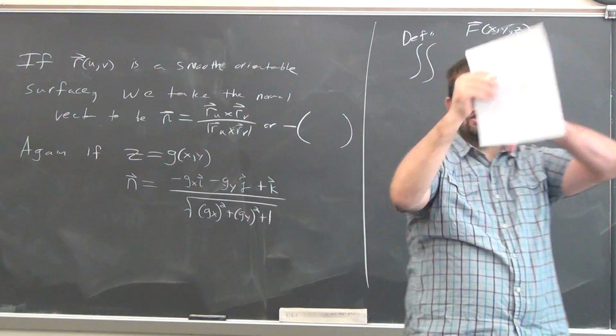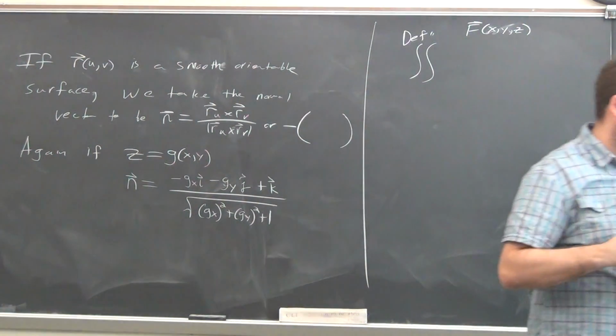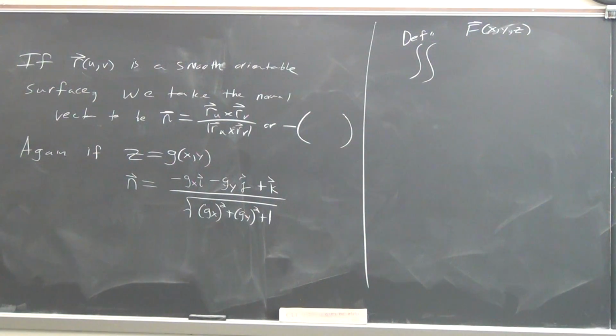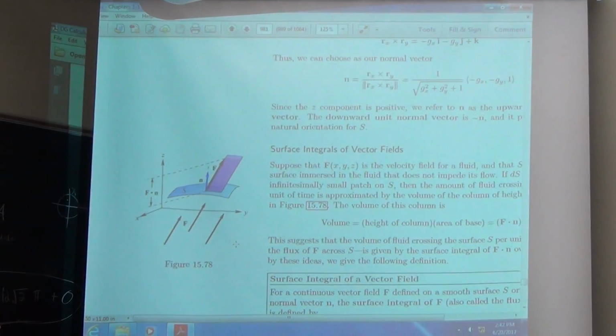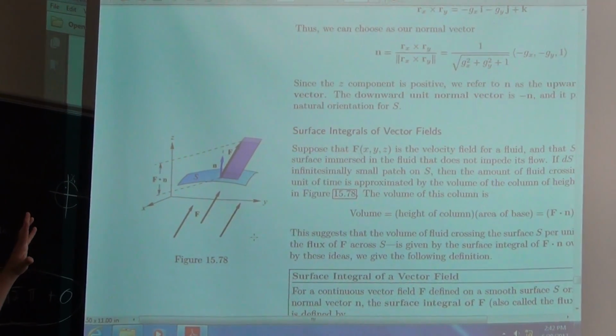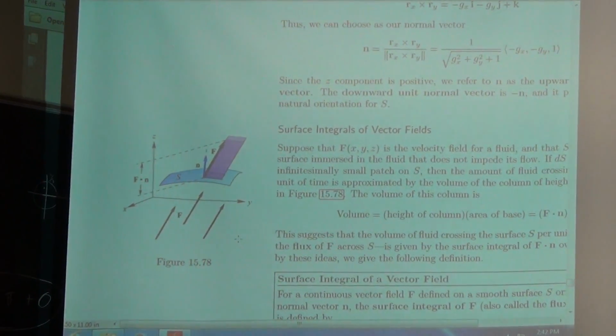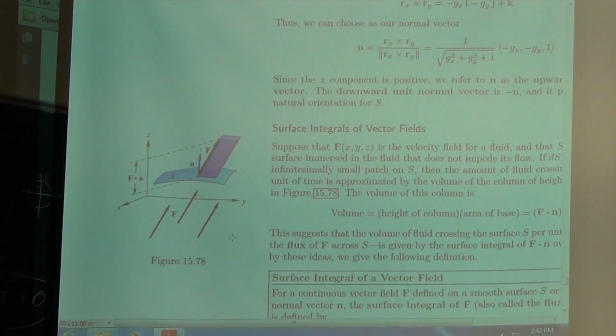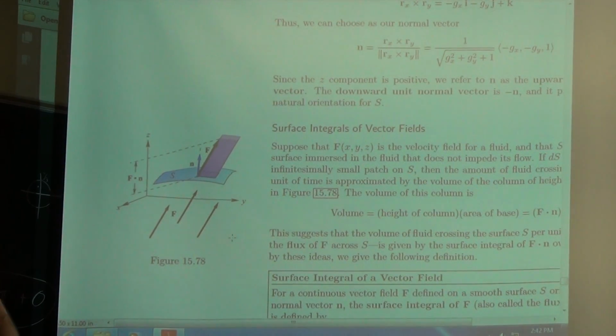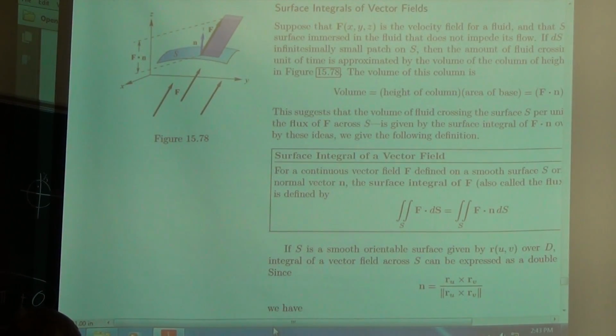Now we're talking about some surface sitting in space, and maybe the picture from the book will be easier to use than to describe it. They say, suppose you have this field, F, running through a surface. You could think of F as representing the velocity of some fluid. You've got some fluid flowing through some surface. That's the standard way to think about this.